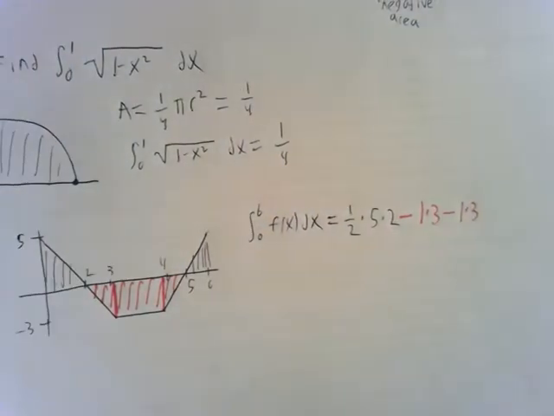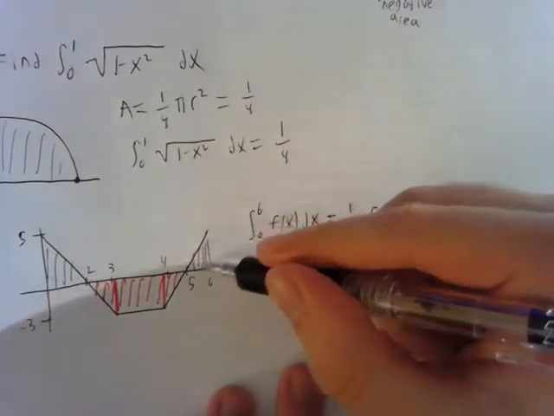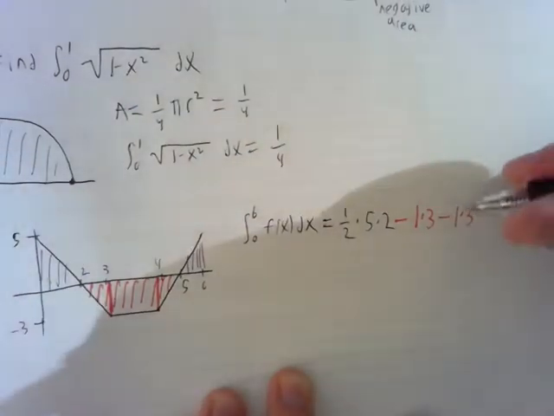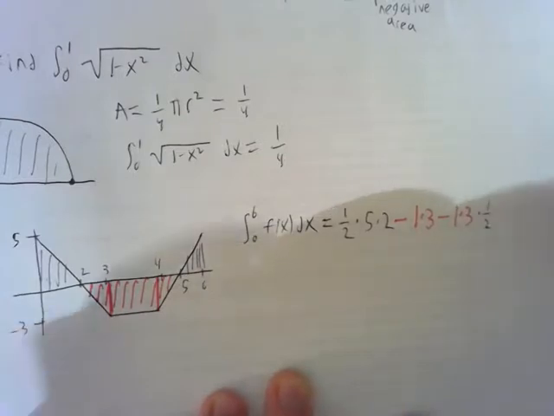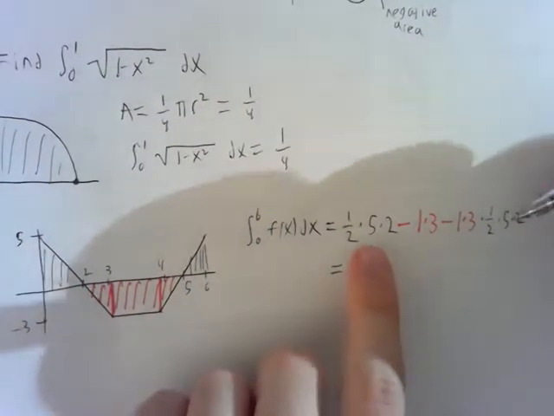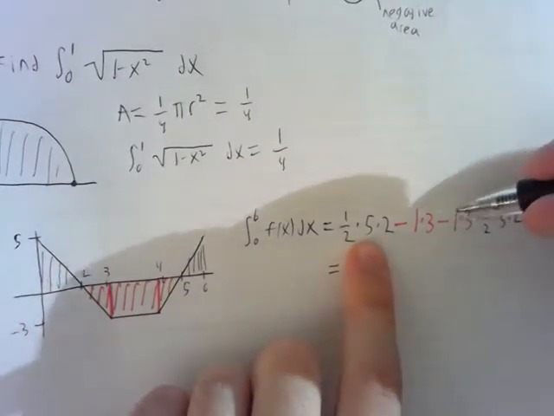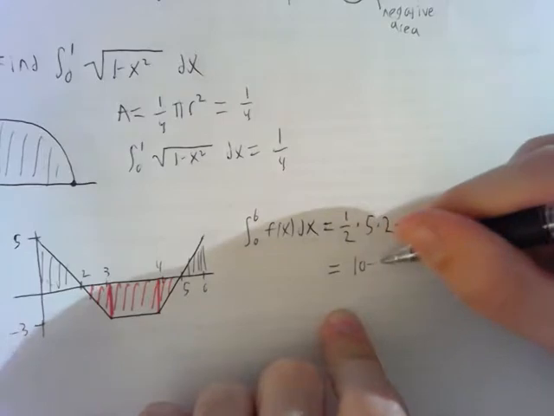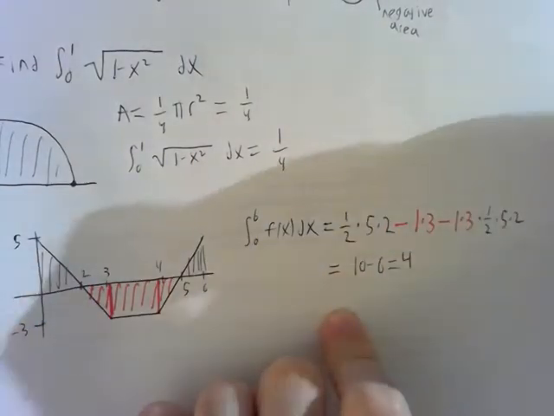So we get minus that. Then lastly, we have the area of this triangle over here, which is another 1/2 times 5 times 2. If you add this all up, this gives you 10 minus 6, it looks like, which is equal to 4.